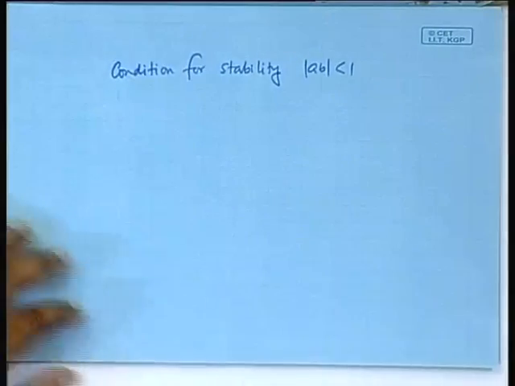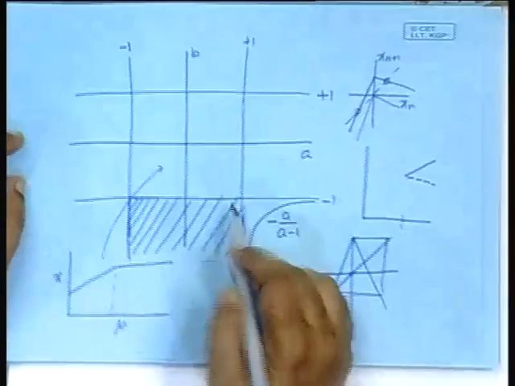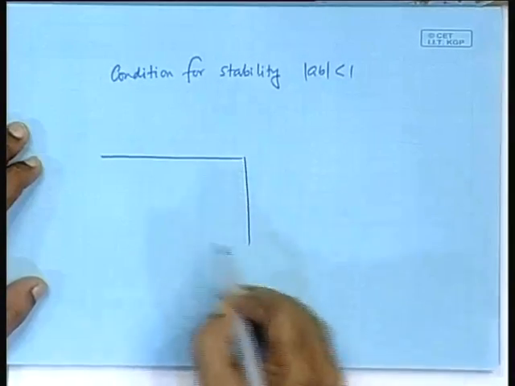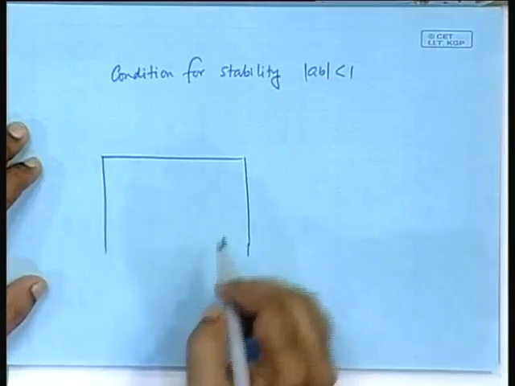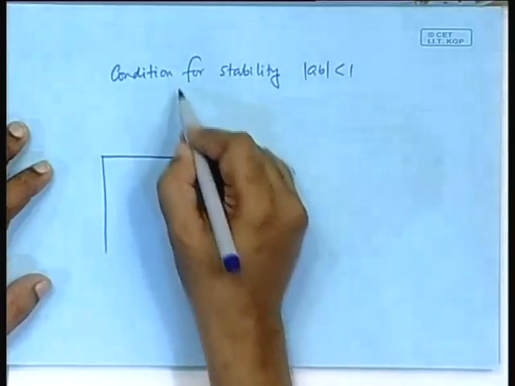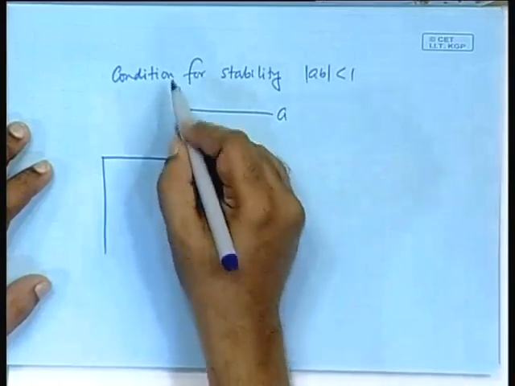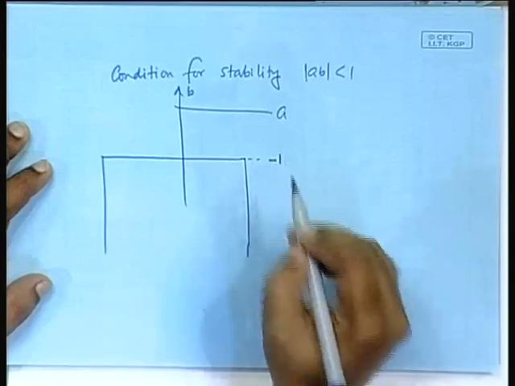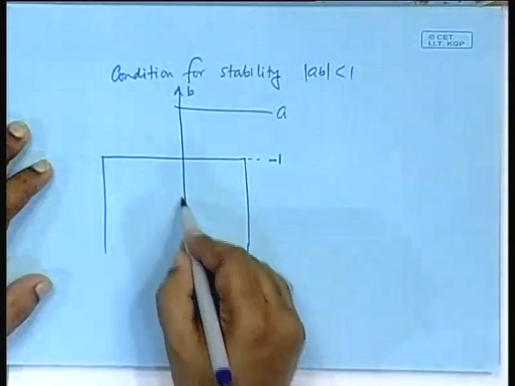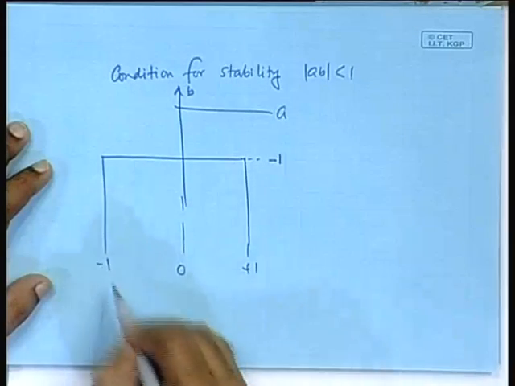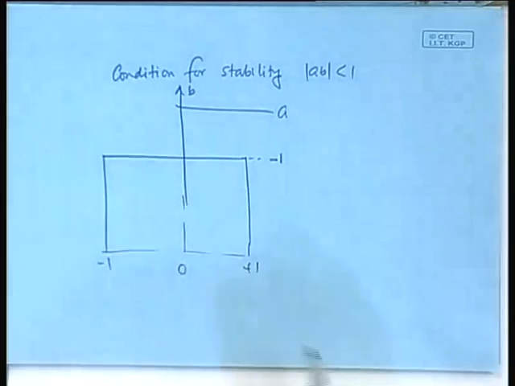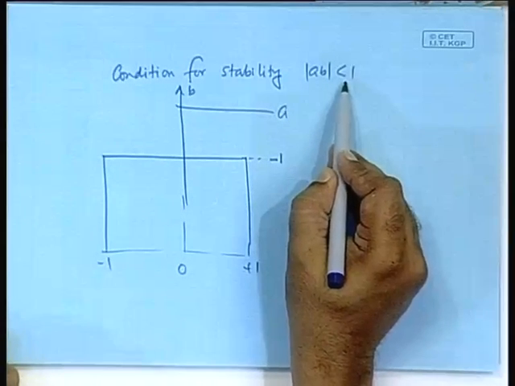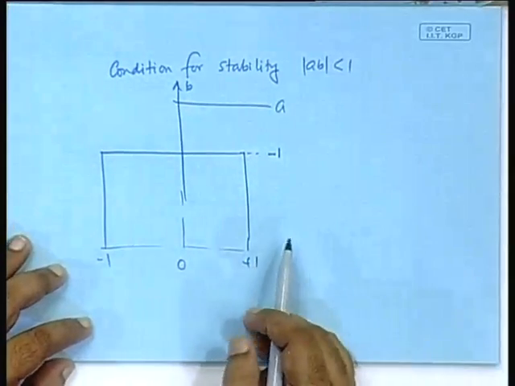So, naturally we can expect, if I draw this part here afresh, we are now drawing only this part. Here this side is A and this side is B, and here it is minus 1, here it is 0, plus 1, minus 1. So, this is a box that we are really drawing. For AB less than minus 1, we will have two curves therefore.